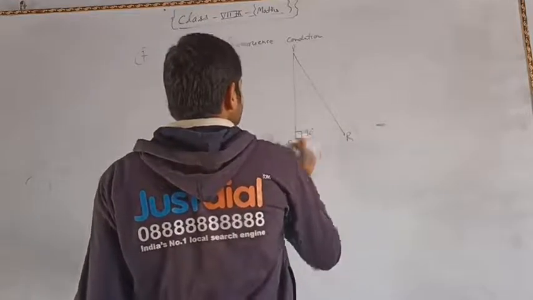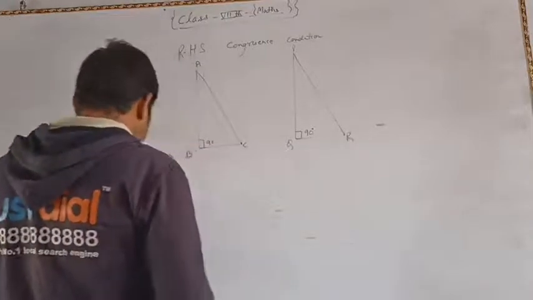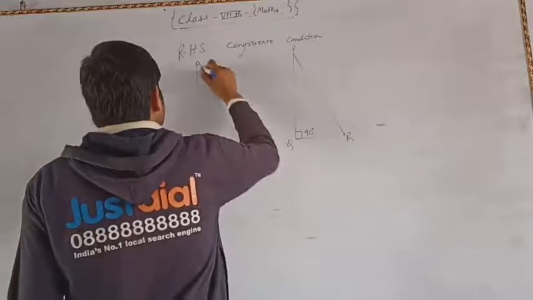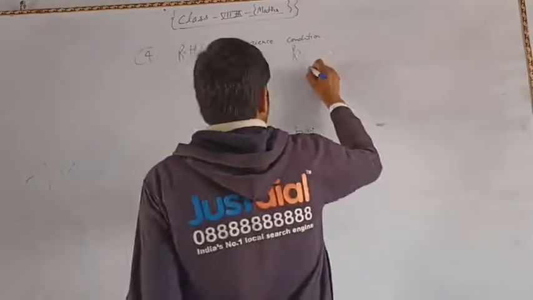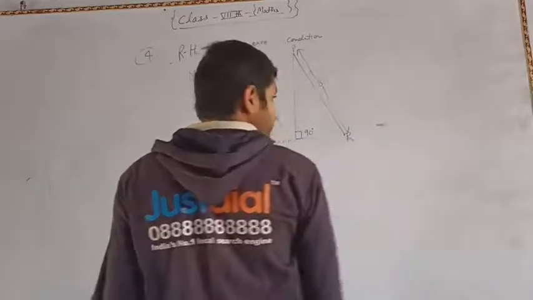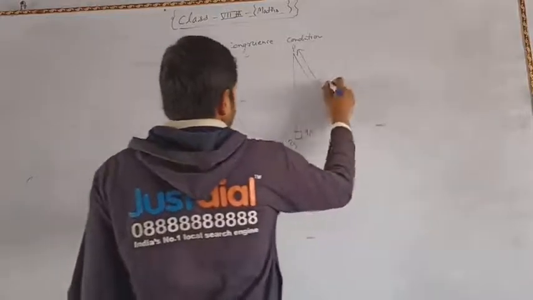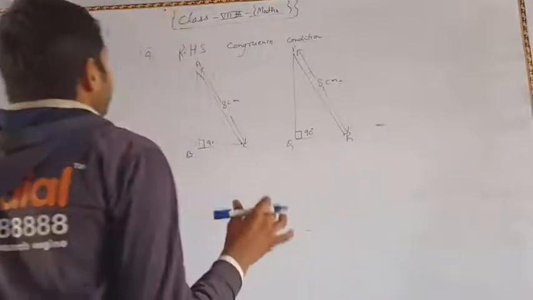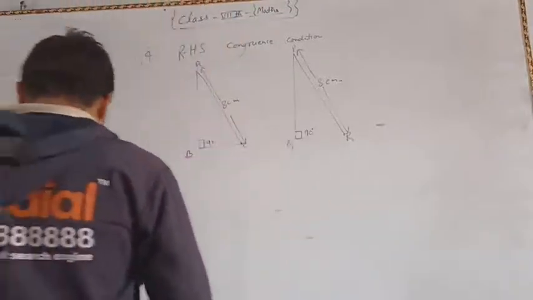This is also a right angle triangle. Okay, so from here, if the hypotenuse is equal to this, also this should be 8 centimeter if you follow right hand side congruency condition.